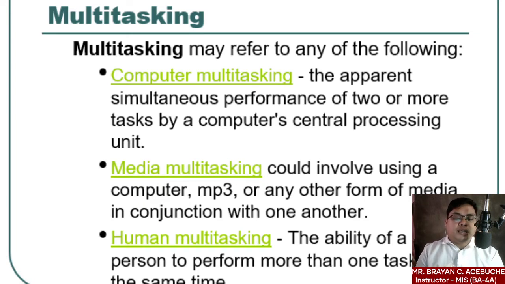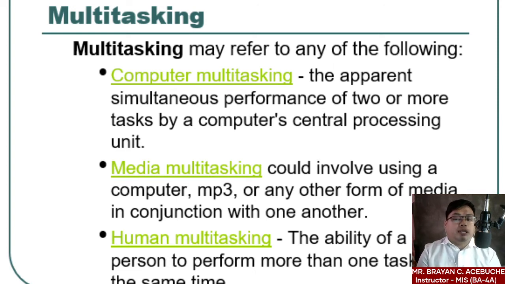Multitasking is used to keep all of a computer's resources at work as much of the time as possible. Multitasking may refer to any of the following: computer multitasking, media multitasking, and human multitasking.